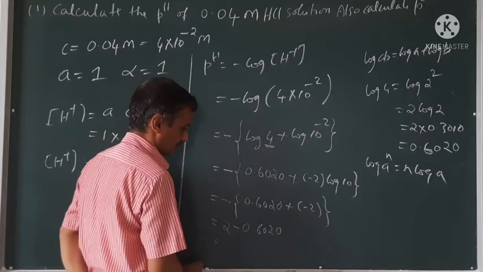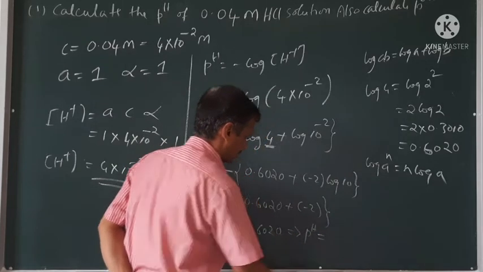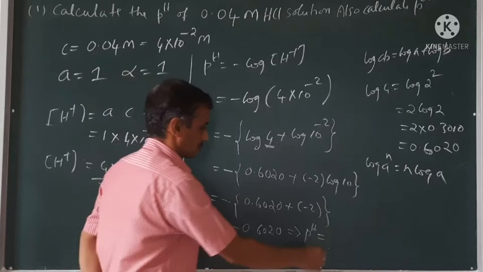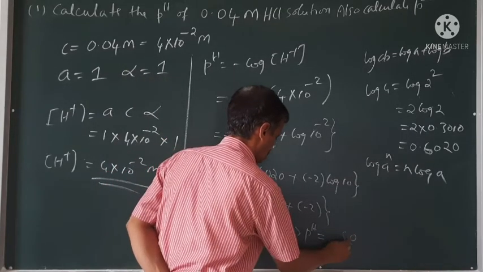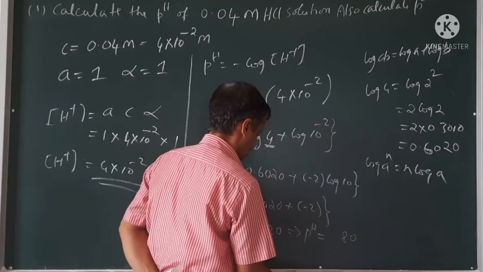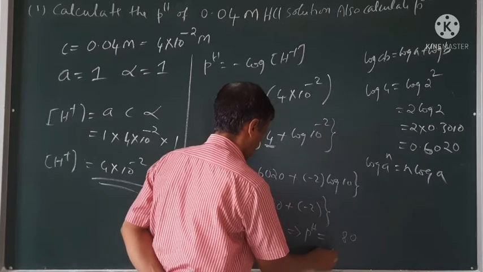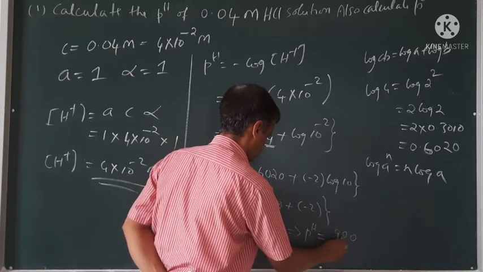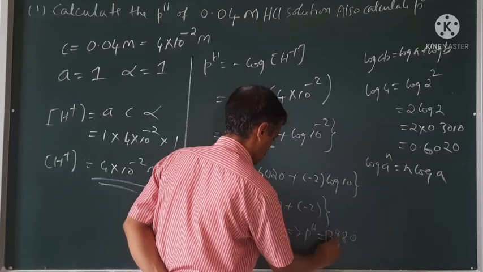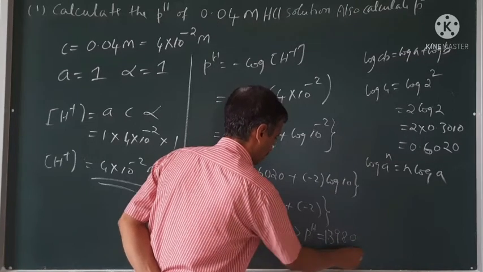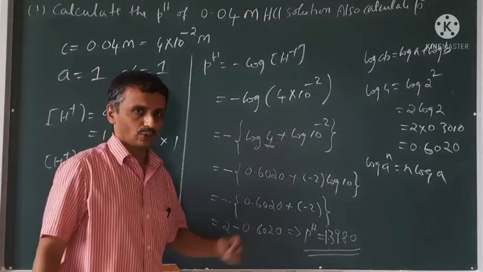And we get the answer, which implies pH is equal to 1.3980. The pH is 1.3980.